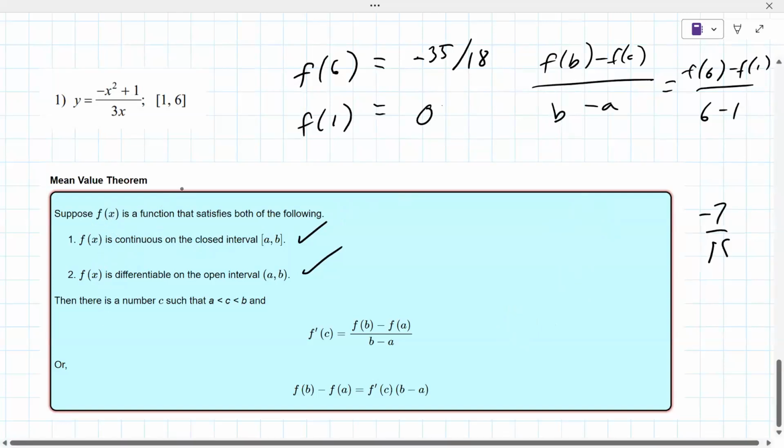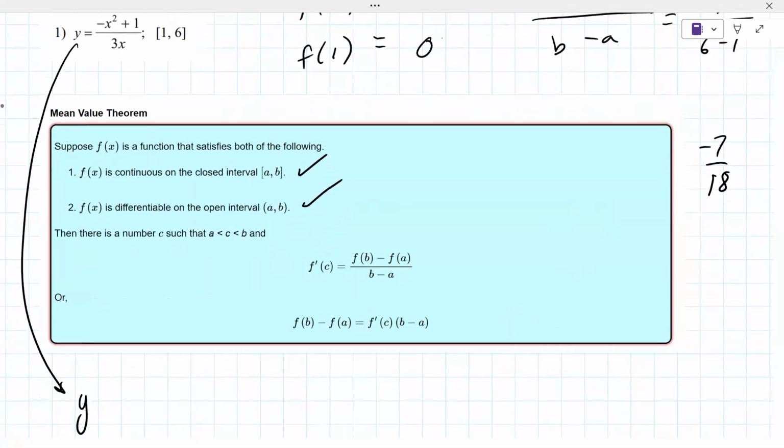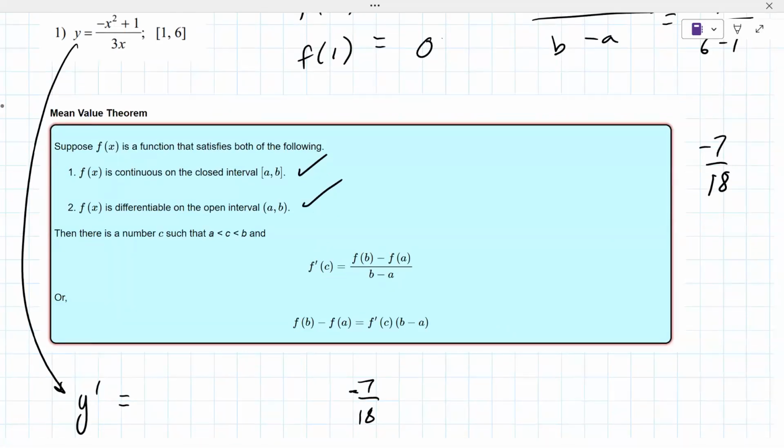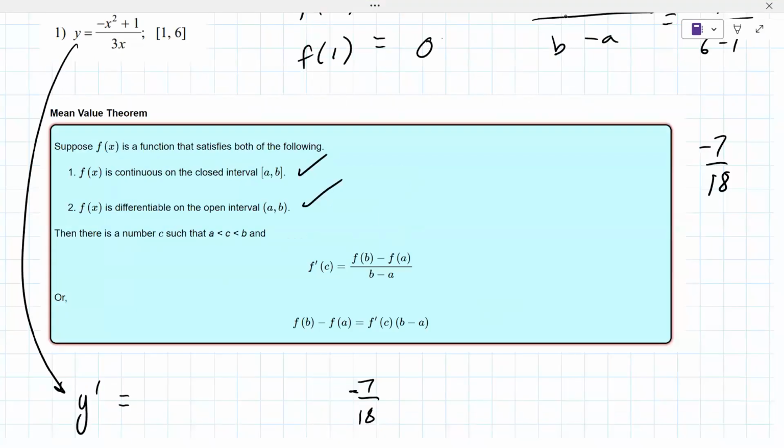So why do we need that number? Because when you take the derivative of this thing, there's a place where the derivative will equal negative 7 over 18. So you have to take a derivative of this. Quotient rule, right? Yep.